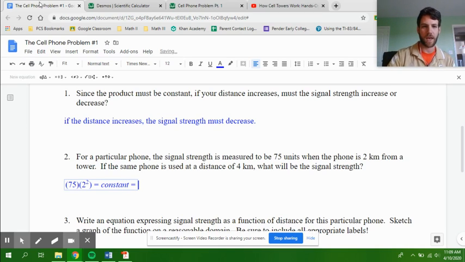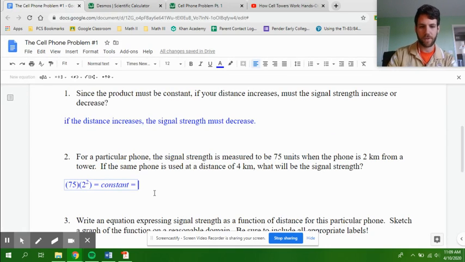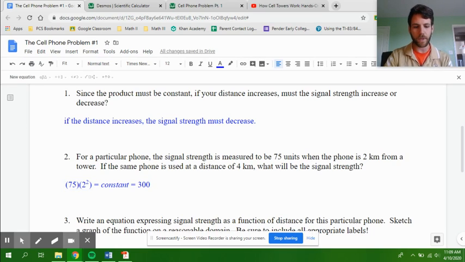If we put 75 times 2 squared into our calculator, we get an answer of 300. So it turns out for this problem that our constant is equal to 300. Now that 300, as the name suggests, is not going to change at all.